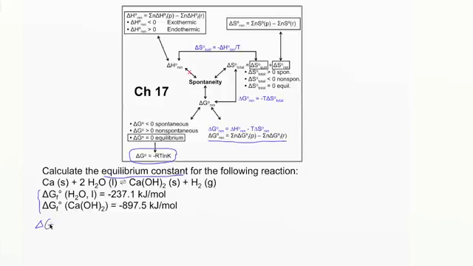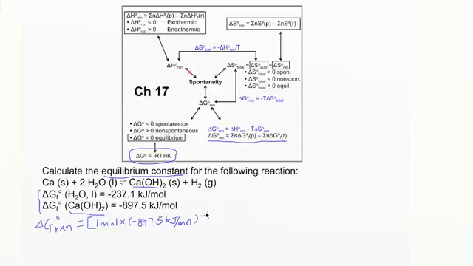Delta G reaction equals to, we deal with the products first. You have 1 mole of the calcium hydroxide times the corresponding delta GF for calcium hydroxide, that is negative 897.5 kilojoule per mole.